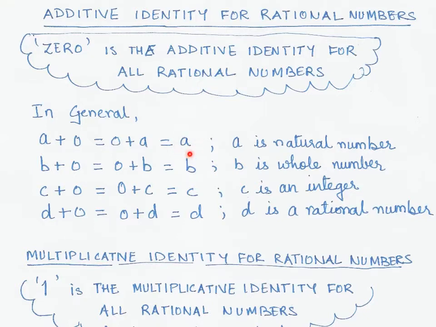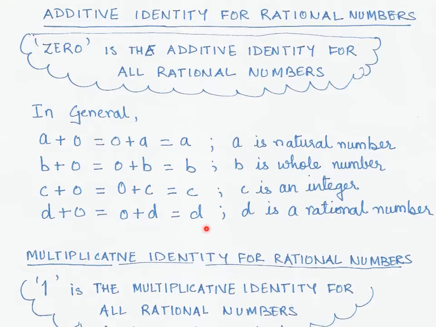Similarly, if b is a whole number and we add b plus 0 or 0 plus b, we get b back. If c is an integer, c plus 0 or 0 plus c gives us c back. And in terms of rational numbers, let d be a rational number. Then d plus 0 or 0 plus d gives us d back.